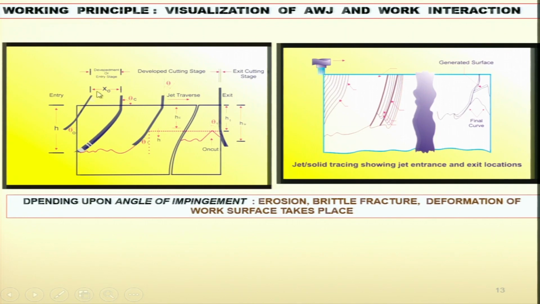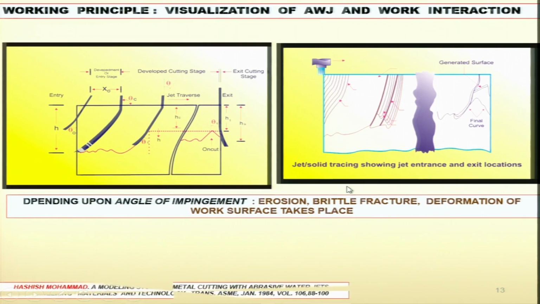Angle of impingement will decide whether it is deformation or shearing or brittle fracture. Because in brittle fracture, I told you in the earlier slide that the abrasive particle has to hit at about 90 degrees, or vertical to the workpiece surface, and the workpiece material has to be brittle.